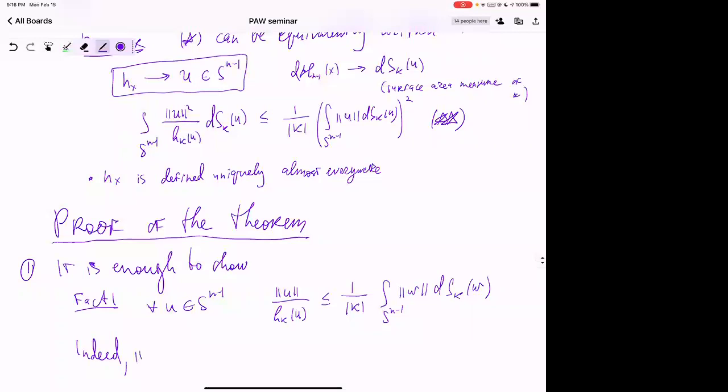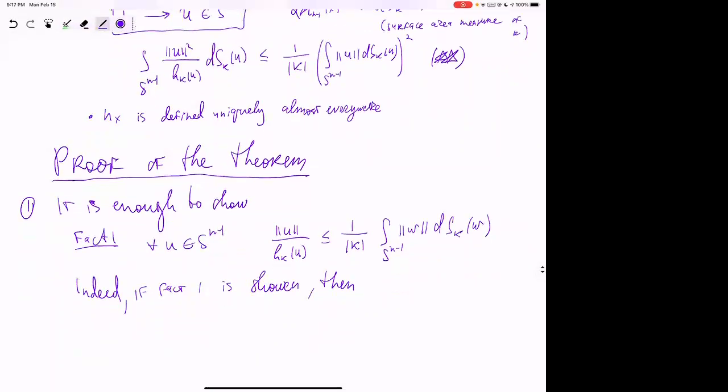Yes, so if fact 1 is shown, then the integral over the sphere of u squared over h_K of u, dS_K of u, I can write as the integral of the norm of u times the norm of u over h_K of u, dS_K of u over the sphere, yes?